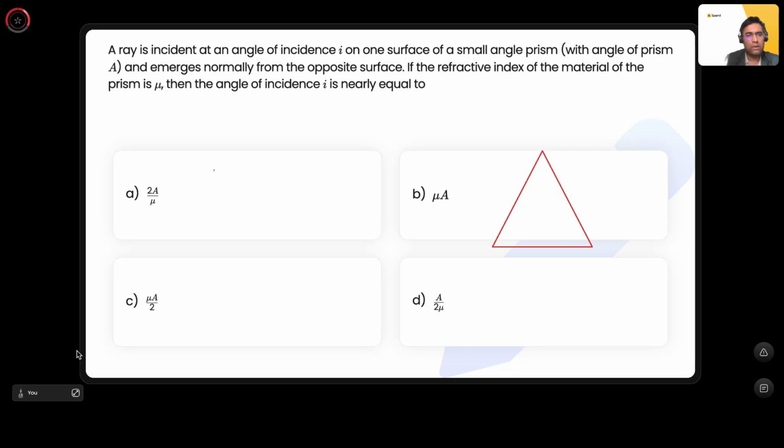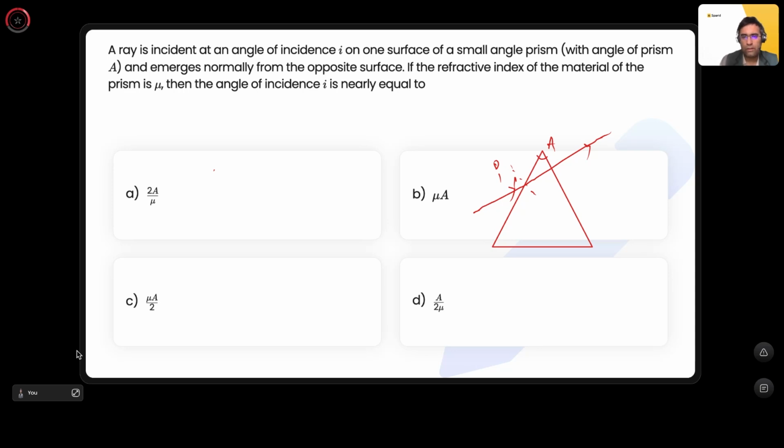So I have an incident ray at an angle of I like this, and it is said that it is a small angled prism, angle of prism is A, and it emerges normally on the opposite surface. So it emerges like this.